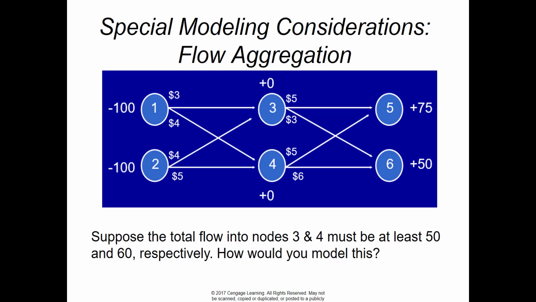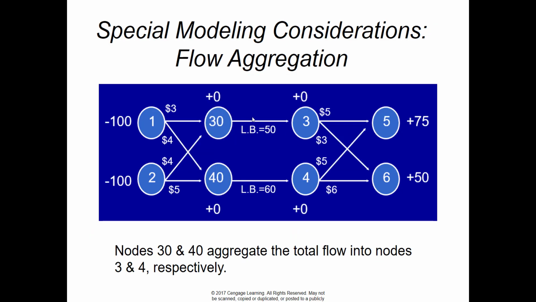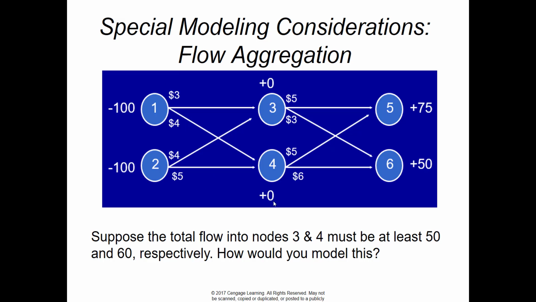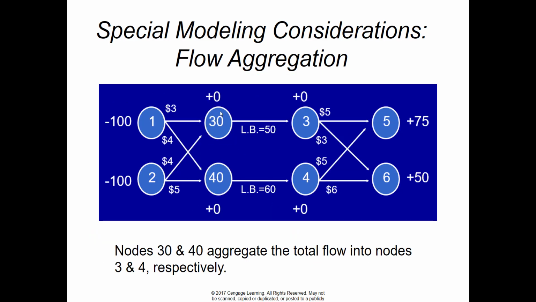So we need to use a little bit of creativity, so we can add one more artificial node. Instead of 3 and 4 we are adding one more artificial node that satisfies the constraints.